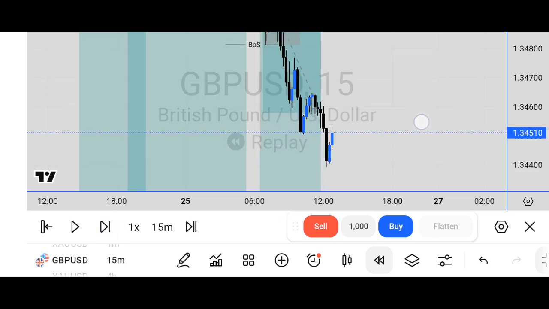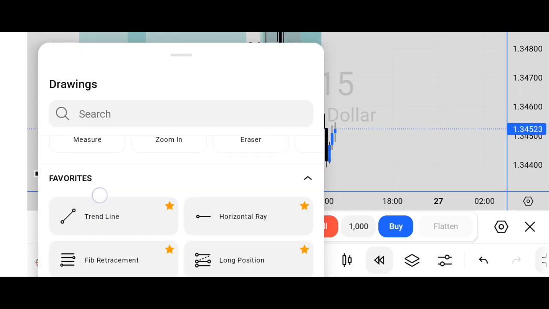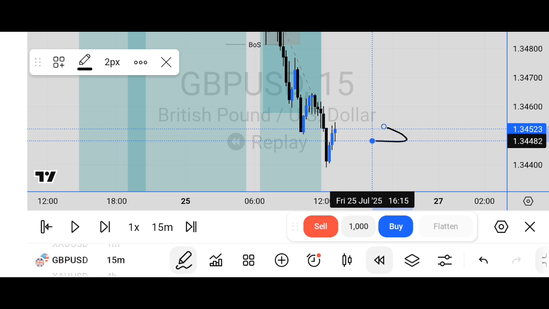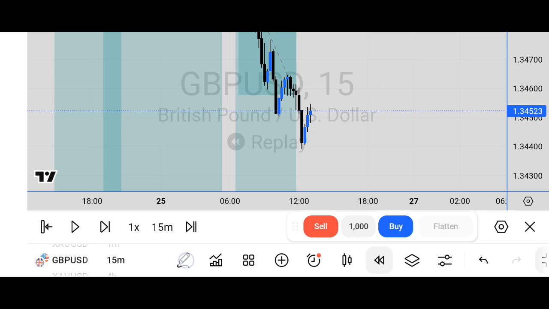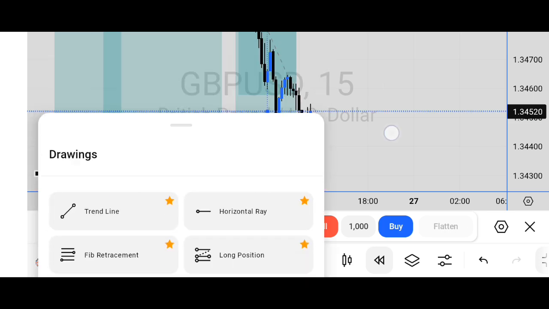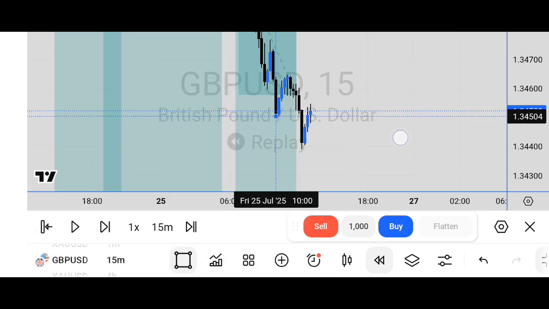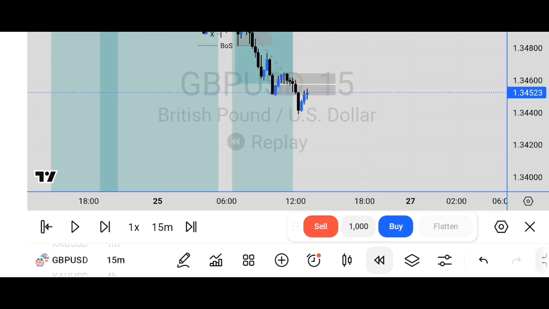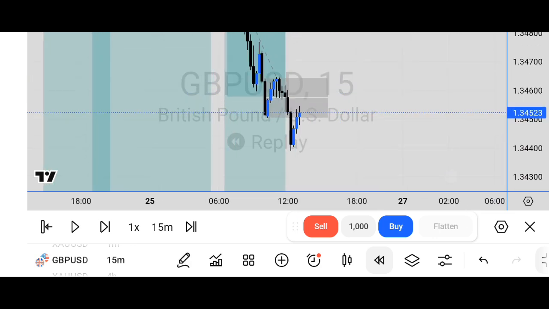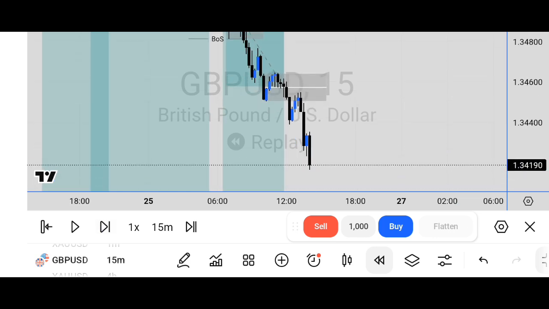So okay, right here we can also sell. You can also sell right here. So let's see what the price does. As you can see, the price dropped swiftly.